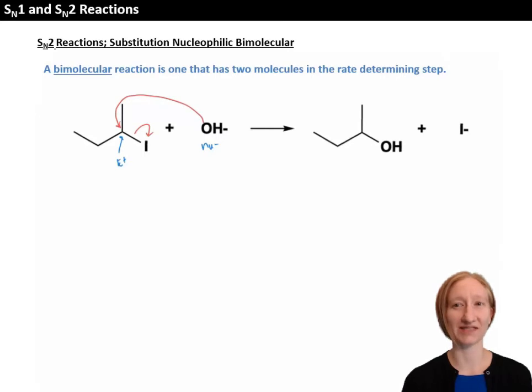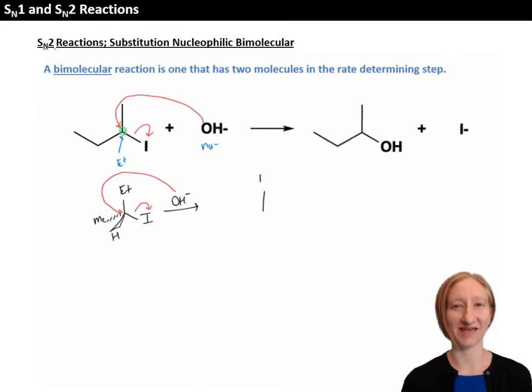We'll look at this mechanism in more detail, and to do that I'm going to introduce stereochemistry at this chiral carbon. Now remember that when the nucleophile attacks, it attacks from the side opposite the leaving group.